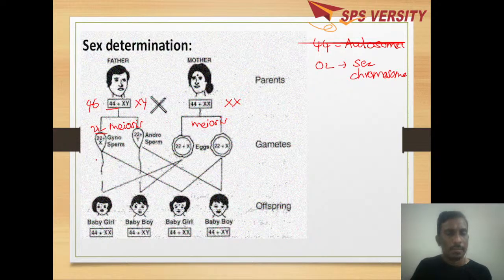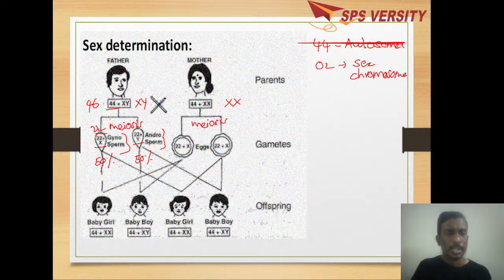That is, 50% of the male gametes will have the X chromosome and 50% of the male gametes will have the Y chromosome. The male gametes with the X chromosome are called gynosperms, and the male gametes with the Y chromosome are called androsperms.